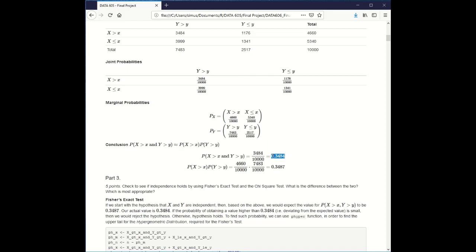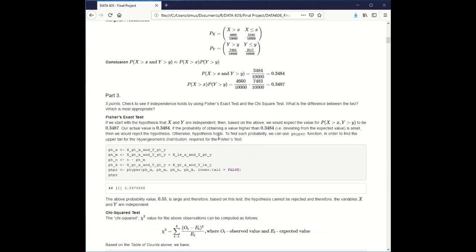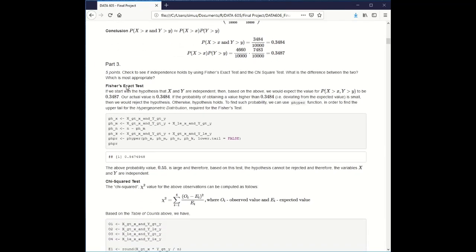And we can say that they are, because our actual value is 0.3484, which is very close. How close, and proving that x and y are independent, we do in part 3.